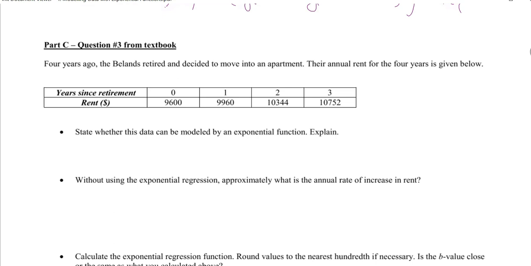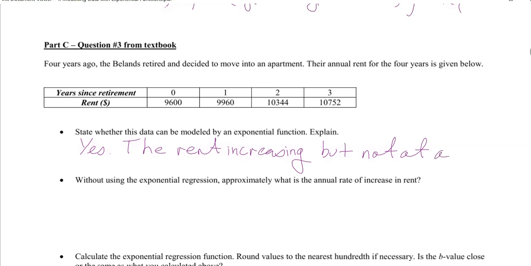If it's going up by an ever increasing amount, then it's likely an exponential. So yes, the rent is increasing, but not at a constant rate. If it were linear, it would be a constant rate. Generally speaking, anything to do with money is usually an exponential regression, and we'll look at a lot because tomorrow's all about money.